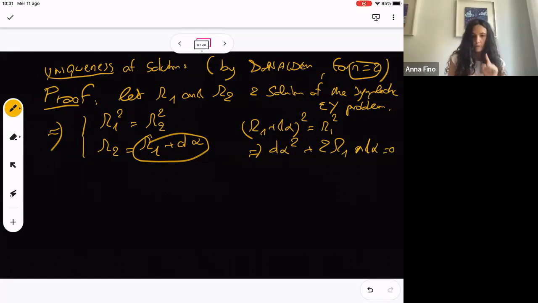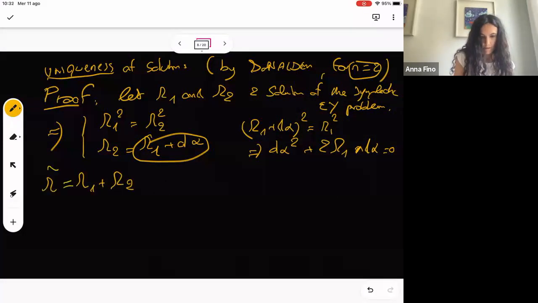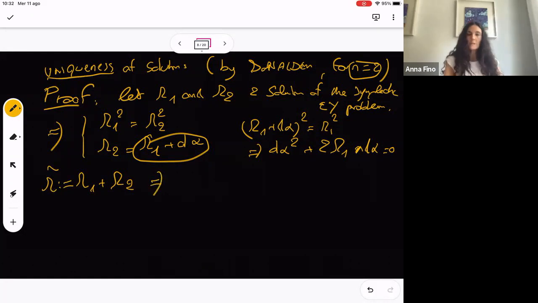Good. Now the trick is the following. Let's take omega 1 plus omega 2, and let's call this omega tilde. Let's look at the properties of omega tilde.